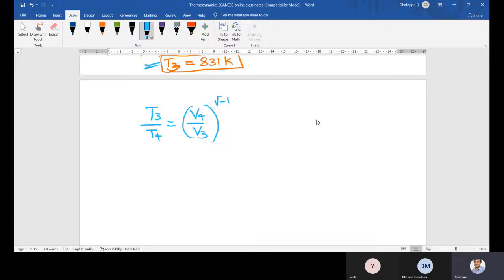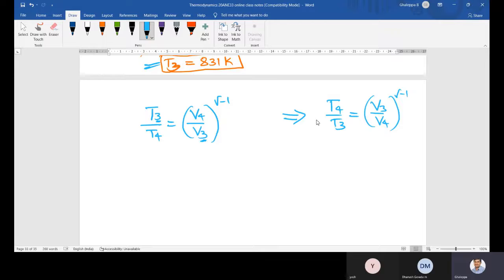And dear students, I will give one hint. If in the numerator you have taken T3, in the denominator on the right hand side you take the volume reciprocal. If in the denominator you have taken T4, in the numerator on the right hand side you take V4. Same equation, with your permission can I write like this, T4 by T3 is equal to V3 by V4 to the power of gamma minus 1. We can write the same equation, we will get the same answers.